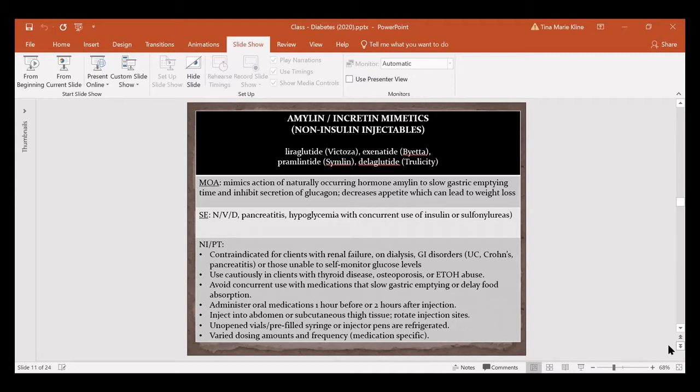Trulicity in particular comes in an auto injector, so it's not even a pen. They don't even have to put the little needle on the pen. With the auto injector, everything is contained. That's a really easy one for self-administration because your patient is going to be doing that at home. The problem with this particular class is that they are extremely expensive.